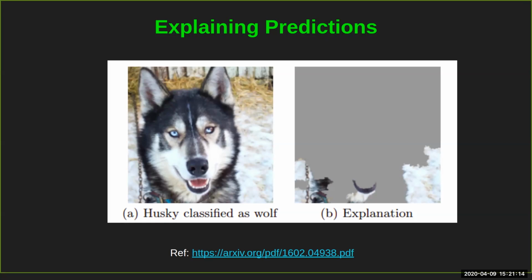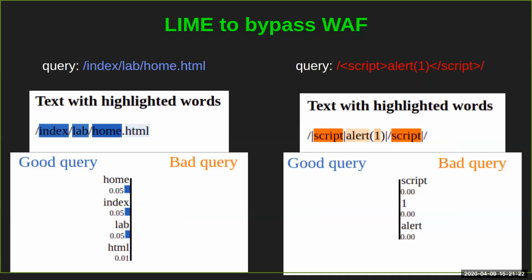So far we have seen adversarial attacks on image classifiers. It can also be done on different classifiers. This is the model that I was testing. We have built a web application firewall, and we gave a few queries to it, and this is the output generated by the LIME framework itself.